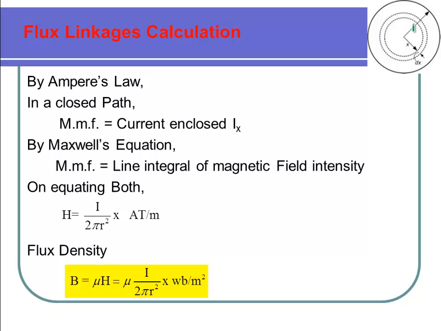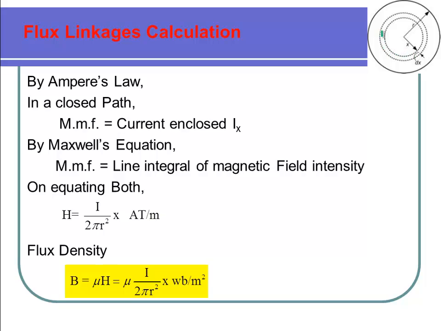It may be a centimeter, meter or even a millimeter. Within this cross-sectional area, consider a small circular path, say of radius x meters from the center of the conductor and thickness dx.